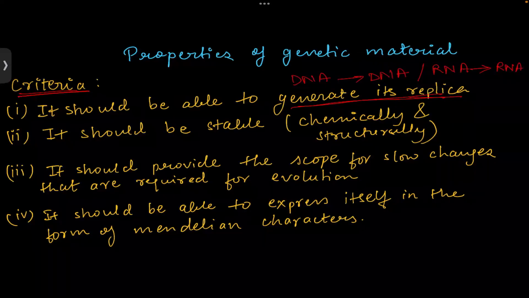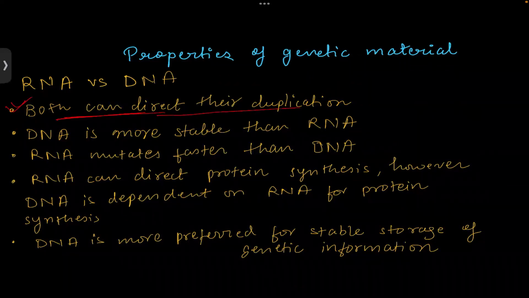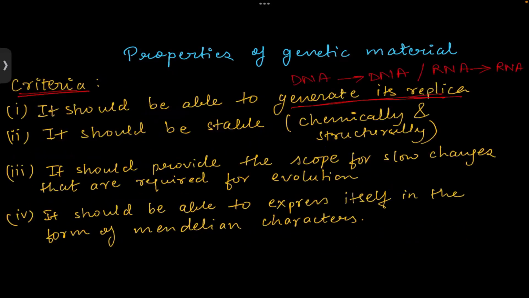And we know that there are biochemical processes through which both DNA and RNA can direct their duplication. So the first criterion, that it should be able to generate its replica, can be fulfilled by both RNA as well as DNA.